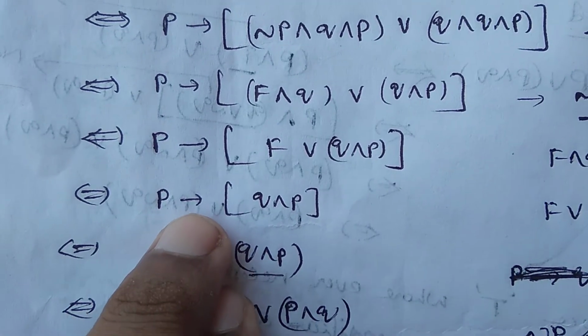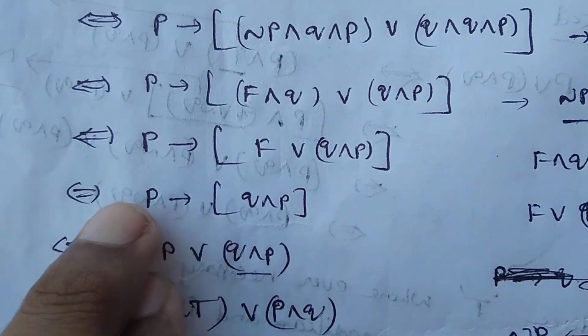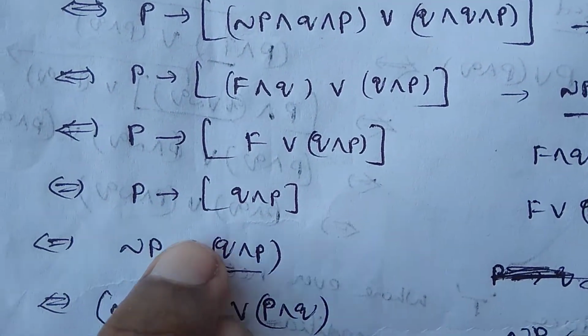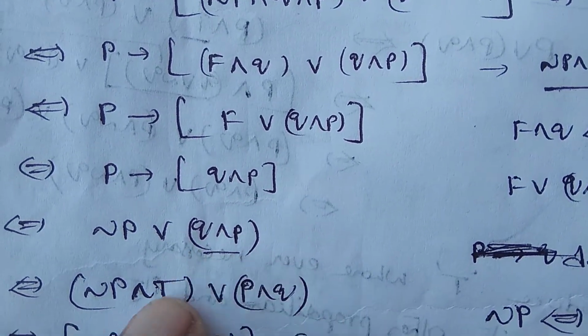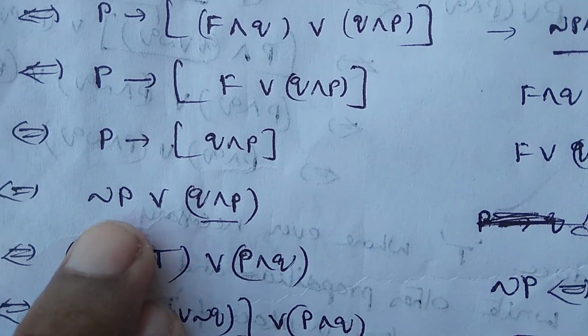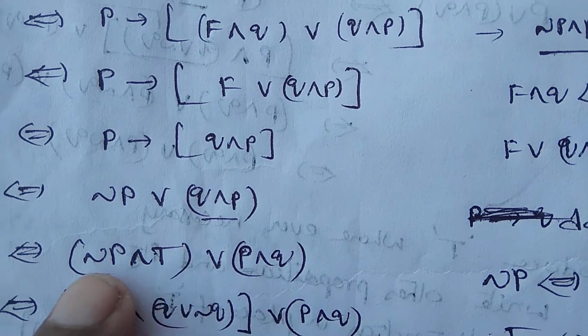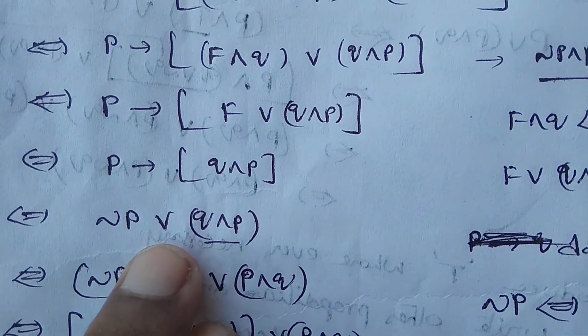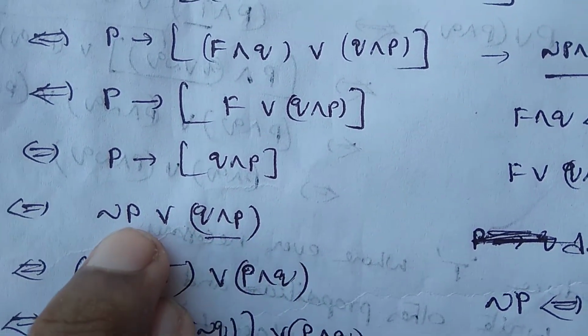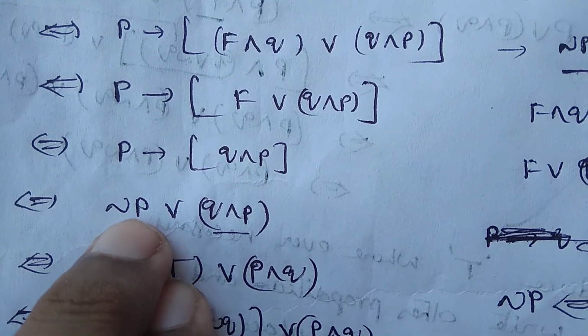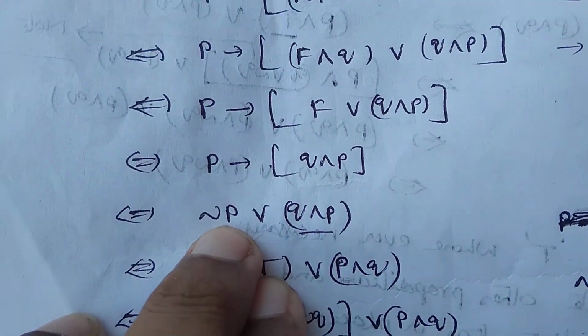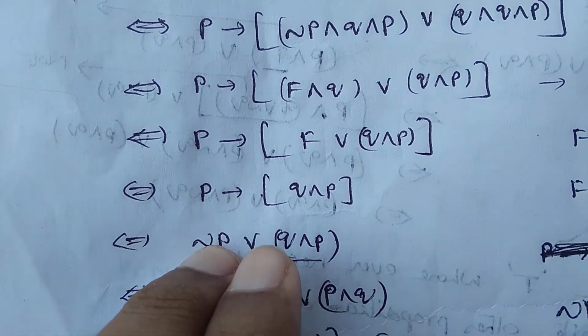For this conditional statement, write negation P or Q. So Q and P. So this is the distributive property being applied. Negation P cannot be changed, so negation P is there. How do we get the other statement, as previously said?